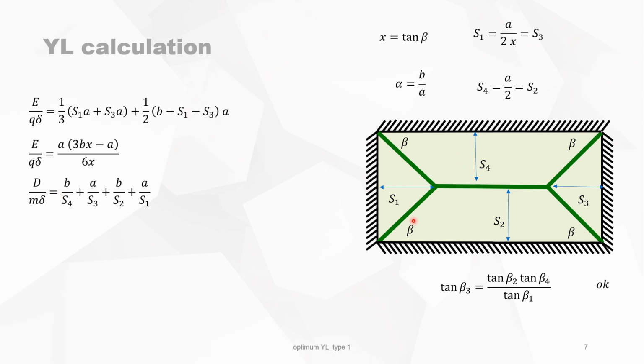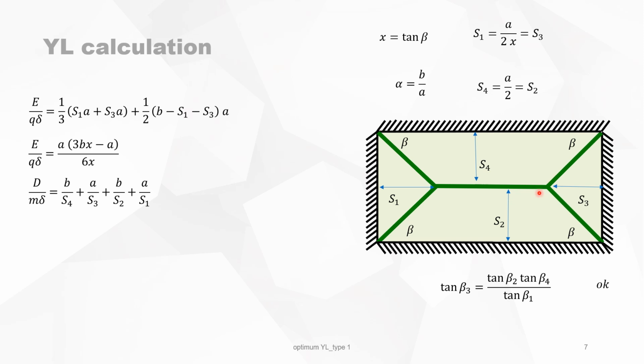The maximum bending moment is m alongside the yield lines. To calculate it, we have first the yield line, like here, this yield line. It will be projected directly to the axis, the horizontal axis here. The length of this axis is b, and the angle of rotation is delta divided by S4. So that's delta, b over S4.